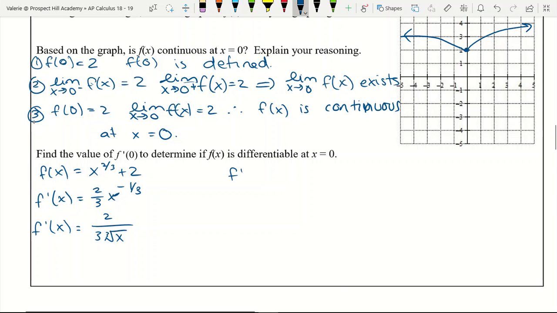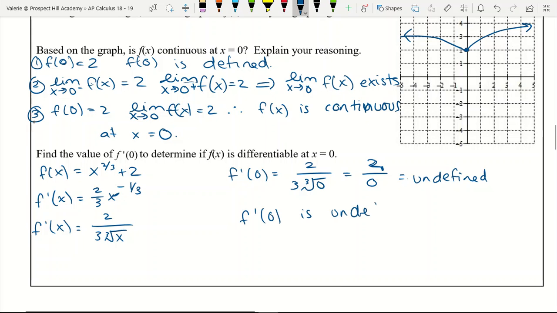So then f prime of 0 equals 2 over 3 cubed root of 0, which is just 2 over 0, which is undefined. So f prime of 0 is undefined.